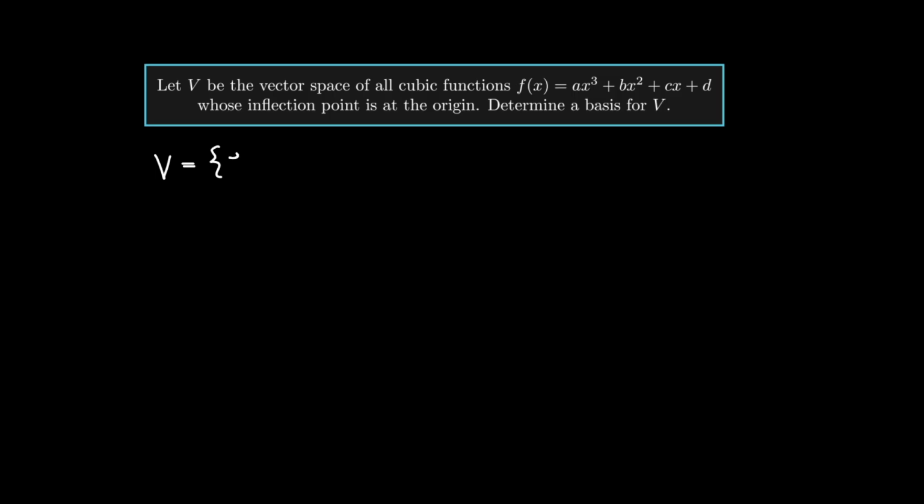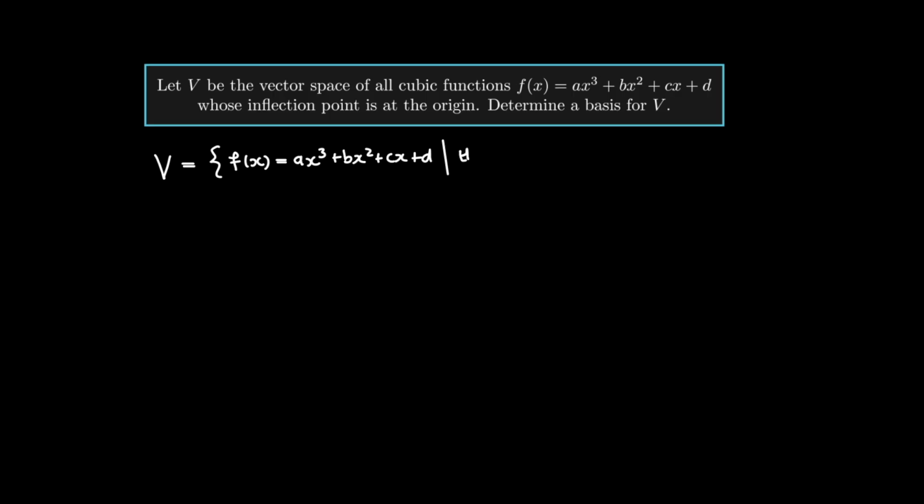So the set of all f of x, where f of x is cubic, which is just to mean the set of all ax cubed plus bx squared plus cx plus d, all such functions such that two things happen. Well, let me just write that.